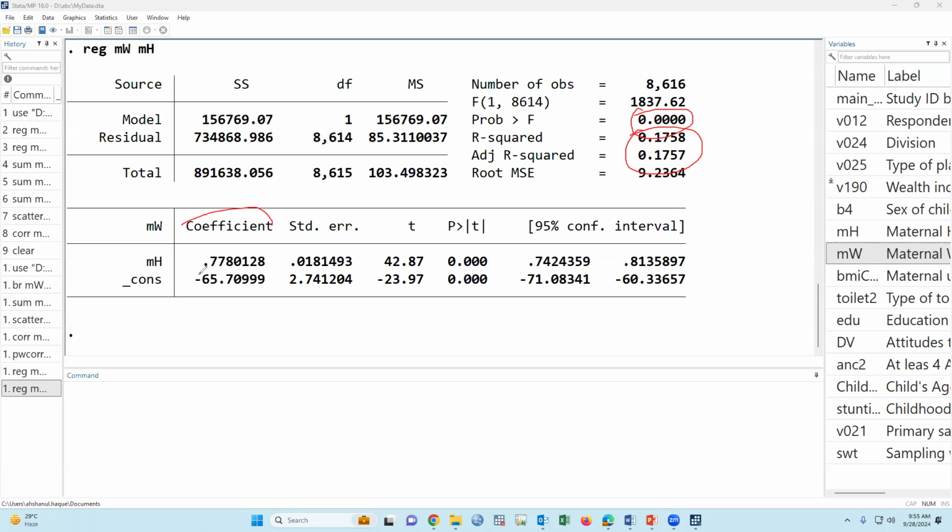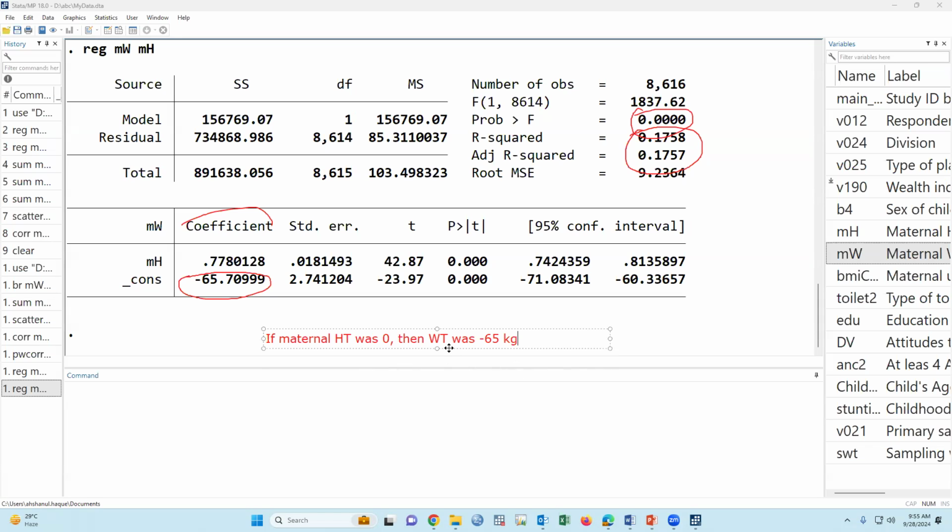Then the coefficient. This is completely hypothetical. This means if maternal height was 0, then weight was minus 65 kg.